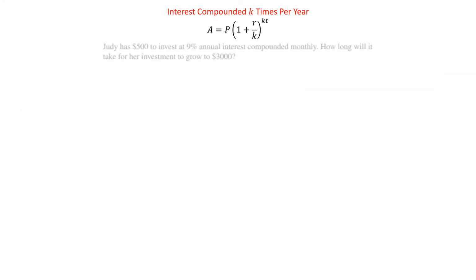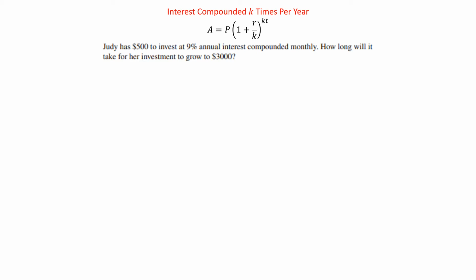But we could also find other things. Judy has $500 to invest at 9% annual interest compounded monthly. So same basic setup. How long will it take for her investment to grow to $3,000? So now we're looking for how long it will take. We're looking for the t.